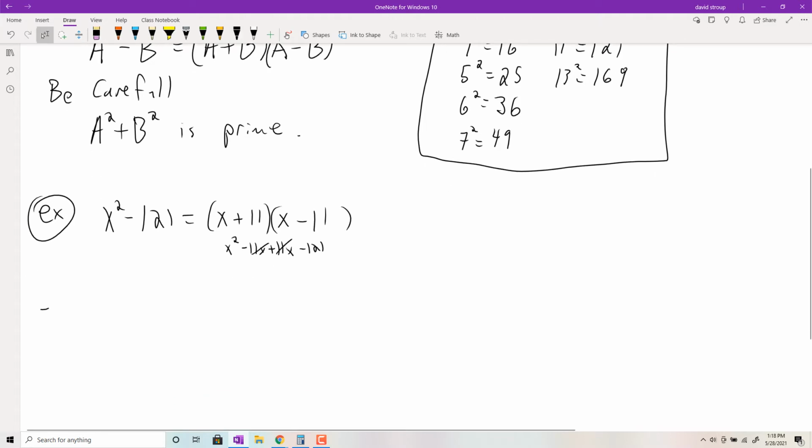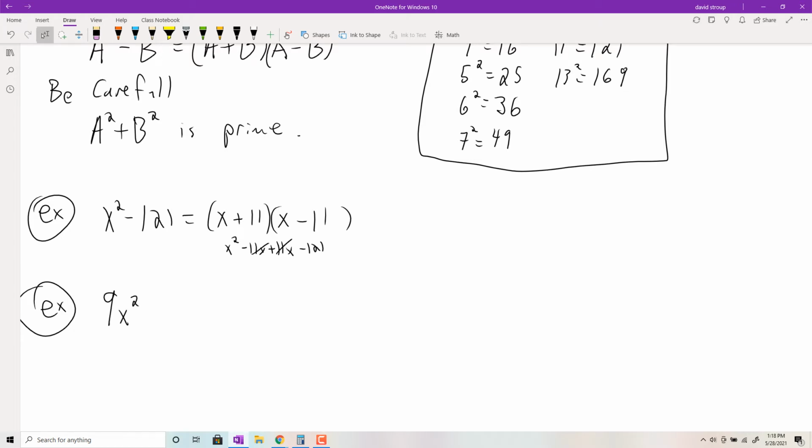Okay, let's make it a little bit more challenging by putting an extra constant in front of the x. So instead of x times x, we need two numbers, something times something, that give me 9x squared, right? So I'd say 3x and 3x.